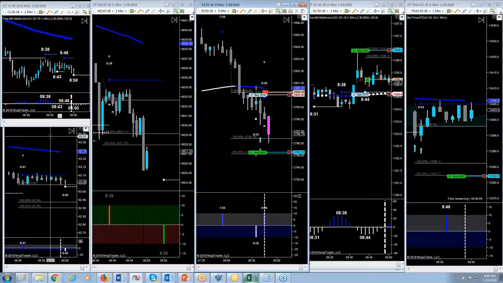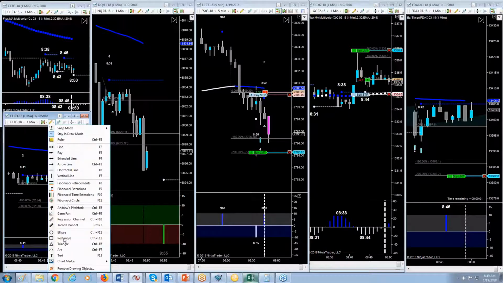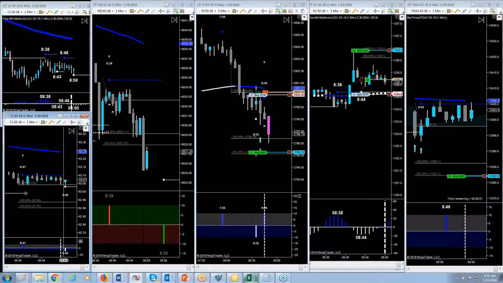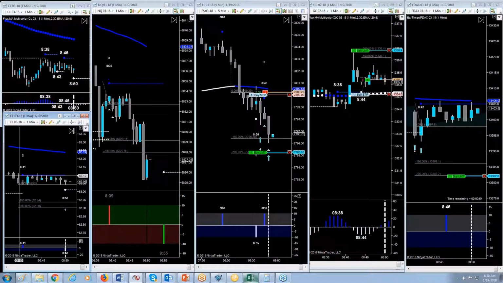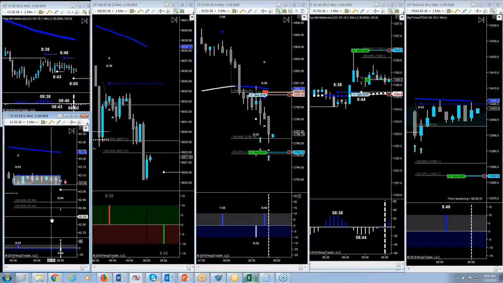Over on CL, I see a potential up move right here. This is called a shelf trade. There's also a time double bottom that's coming in right here where the sellers were supposed to push down and they didn't. It just went in a sideways range.